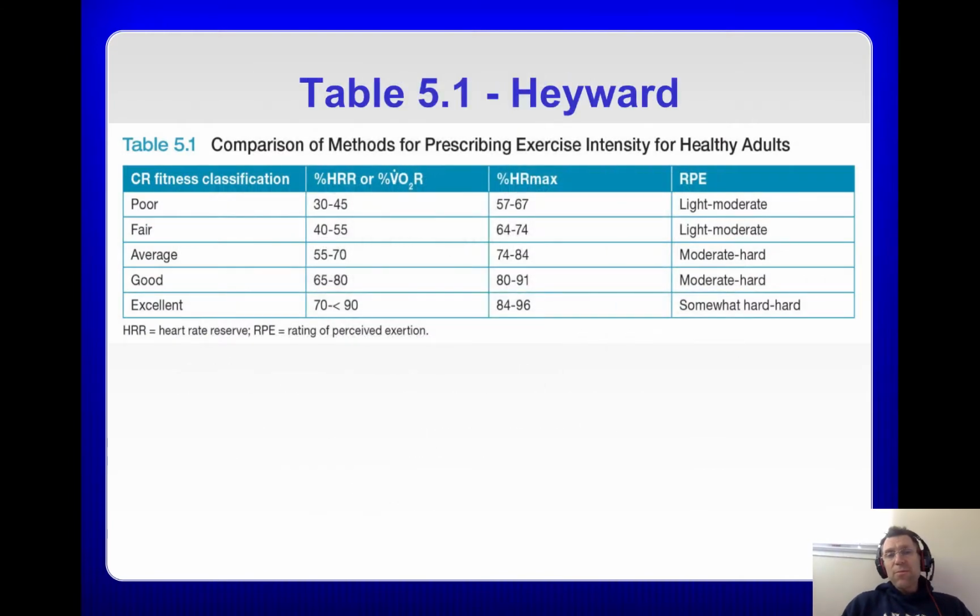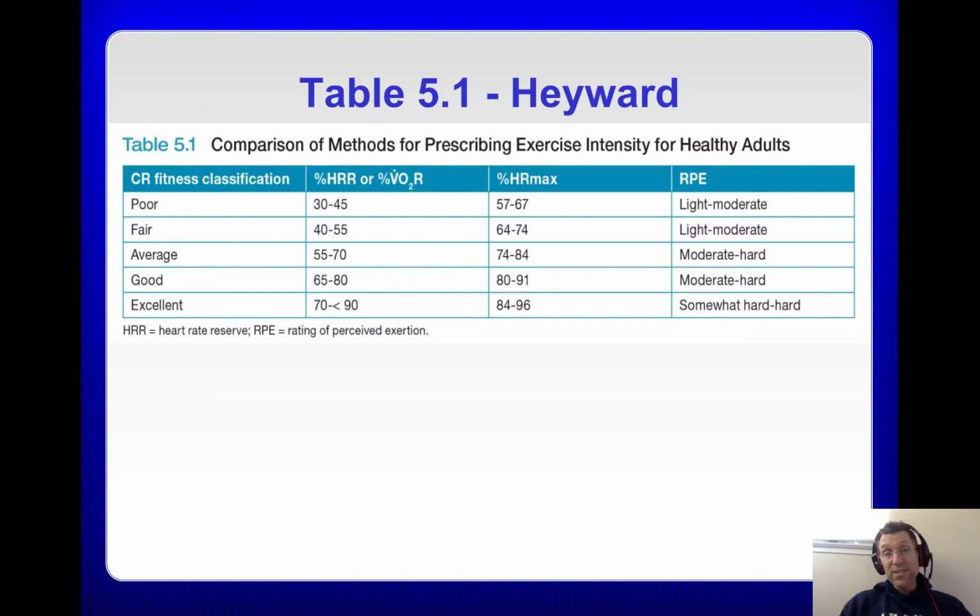This is from Heyward, Table 5.1, comparison of methods for prescribing exercise for healthy adults. This is using a couple different intensity techniques: we have the heart rate reserve, VO2 reserve, the heart rate max, and we have RPE. Based on their fitness classification, these are the percent zones. This is a little bit different than Table 6.1 in ACSM.